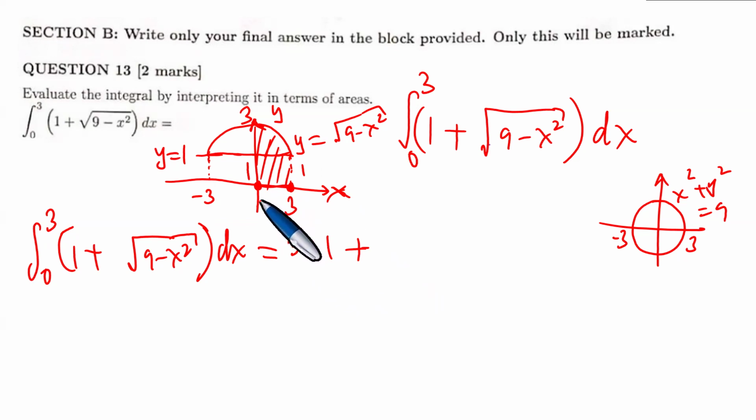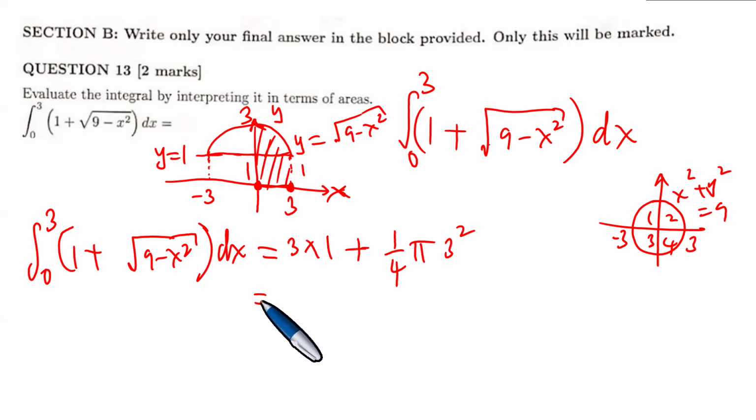Okay, so if you agree at this point that this becomes a quarter circle, because a full circle like this is 1, 2, 3, 4 parts, now if you consider this as a quarter, which is 1/4 pi, the radius is 3 squared.